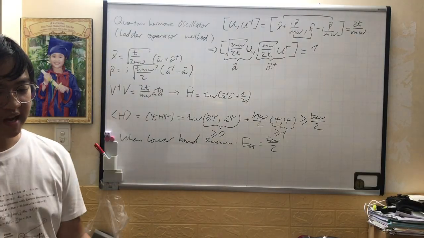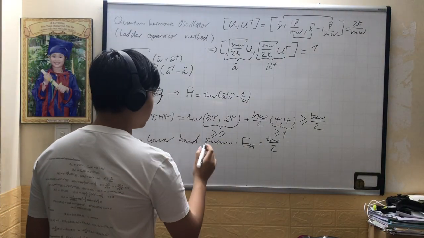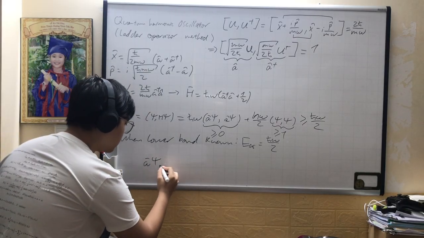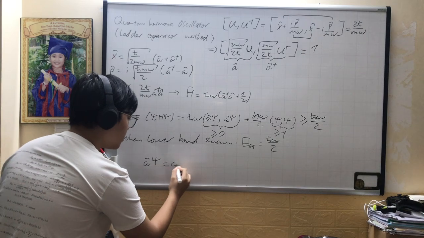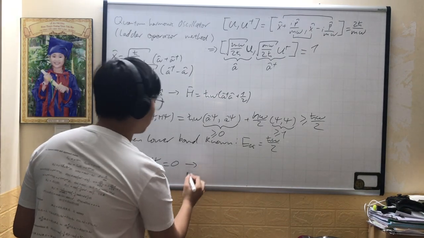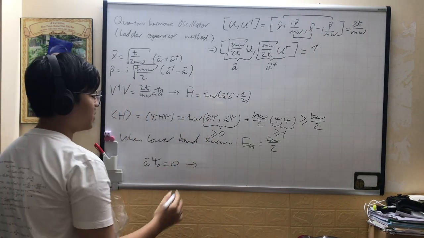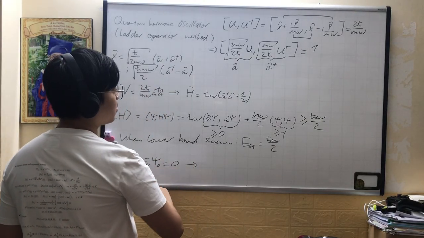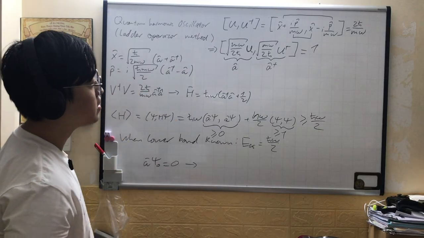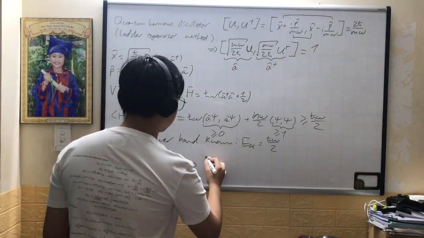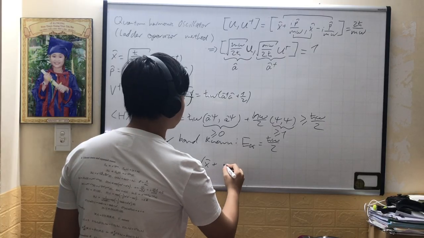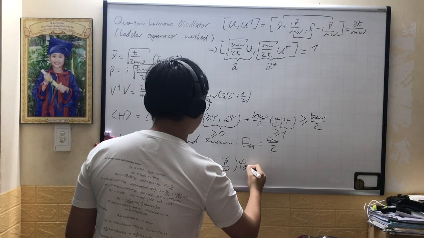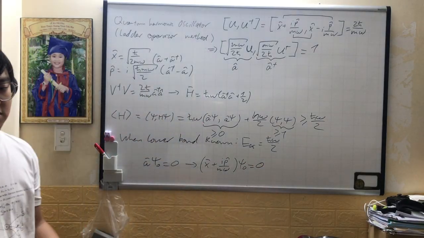Okay, so from that, you can say that now when you act your annihilation operator on the ground state function, it would be equal to 0. Therefore, I should write that. All right, so your annihilation operator, the x plus i p over m omega, acting on psi 0 is equal to 0.